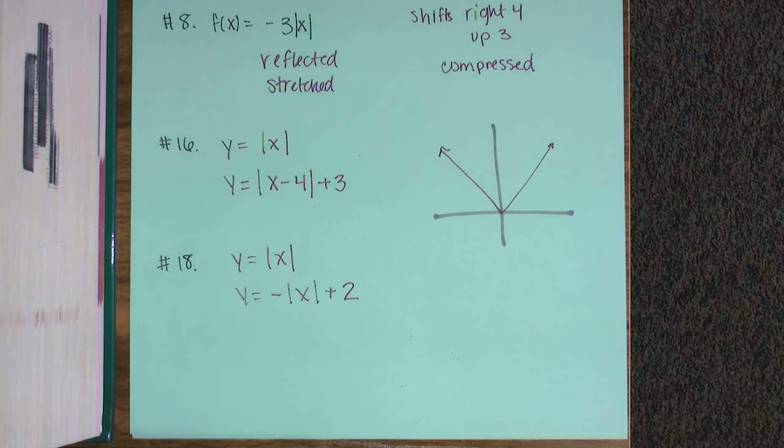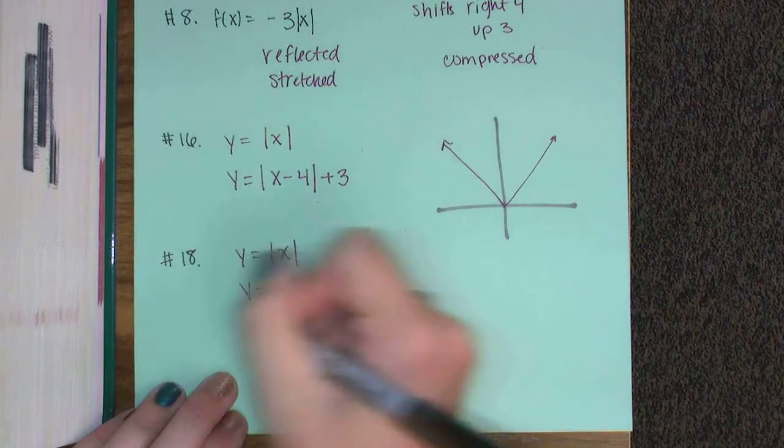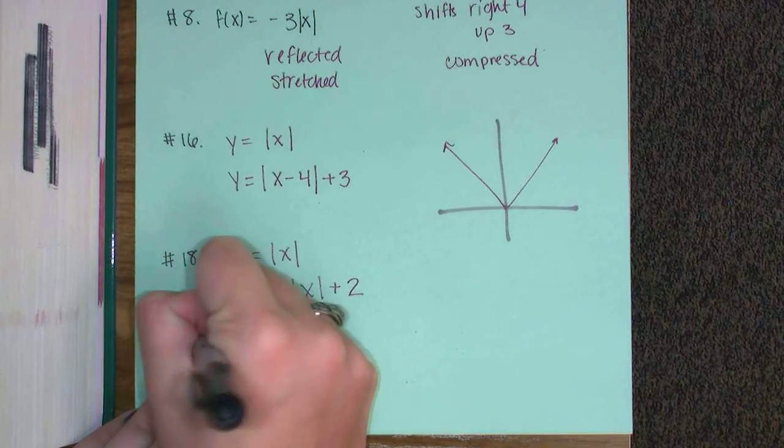Alright, number 20, I'm going to let you guys try by yourself. This one I'm going to tell you it does have something happening for it either being stretched or compressed. So you will have to write the slope for this one.